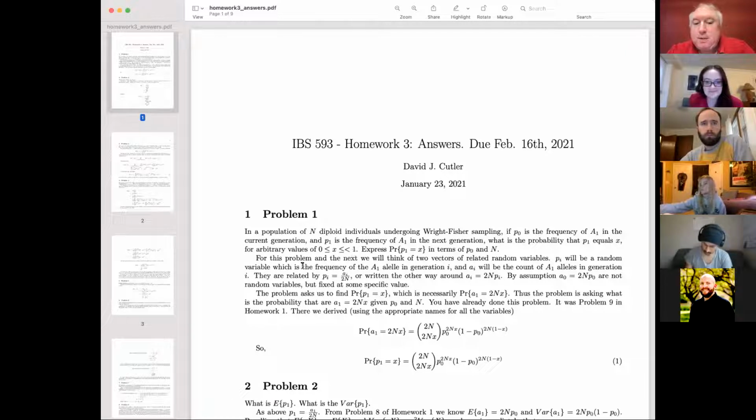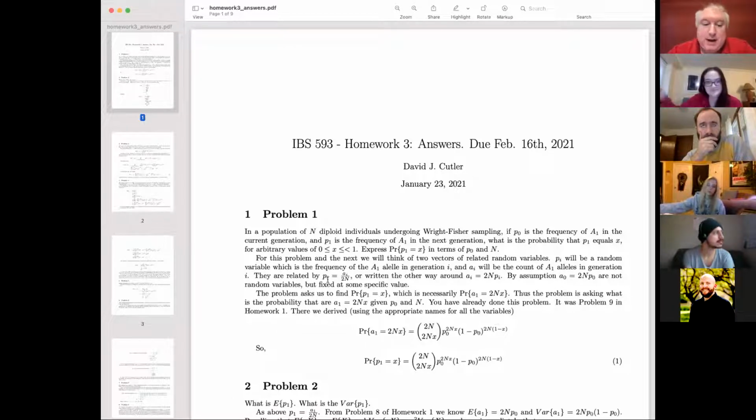But the probability that there are I A1 alleles next generation is 2n choose I, p to the I, 1 minus p to the 2n minus I. That's all clear to you? That the number of alleles is binomially distributed, right? Yes. Yeah.